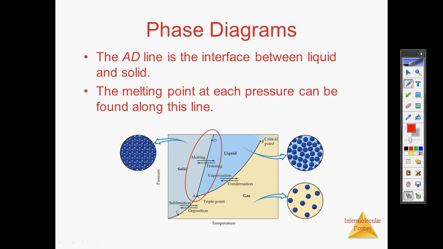The melting point at each pressure can be found along this line. If you had a temperature of like 73, you could go back and find the pressure too. Don't forget you can go backwards.